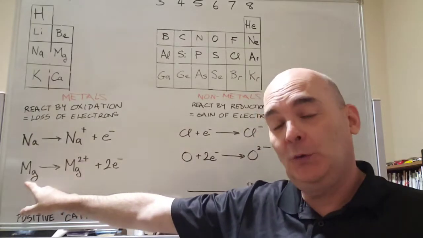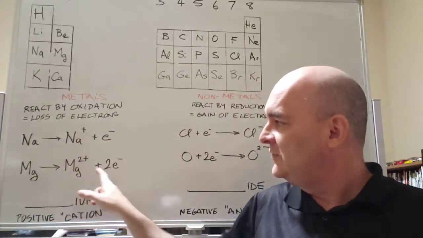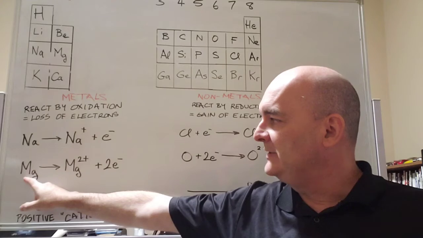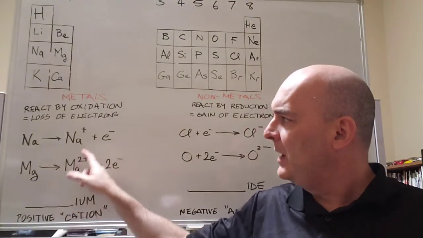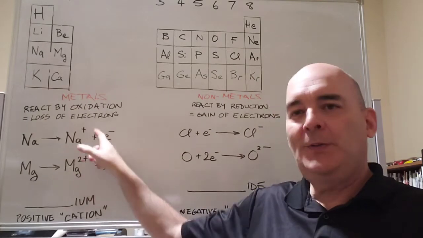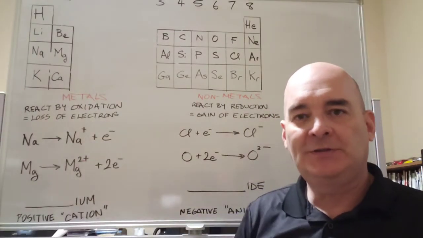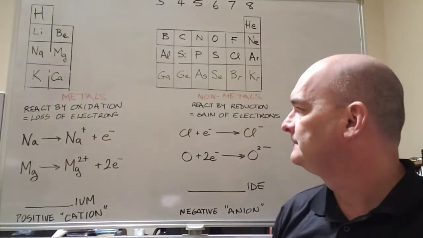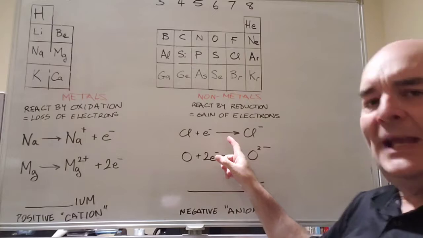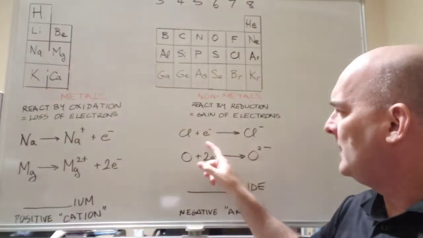Everything in group 2 loses 2 electrons, so the magnesium atom becomes a magnesium ion. And we use superscripted numbers to tell us the amount of charge that's in that ion. The exact opposite happens for the nonmetals.